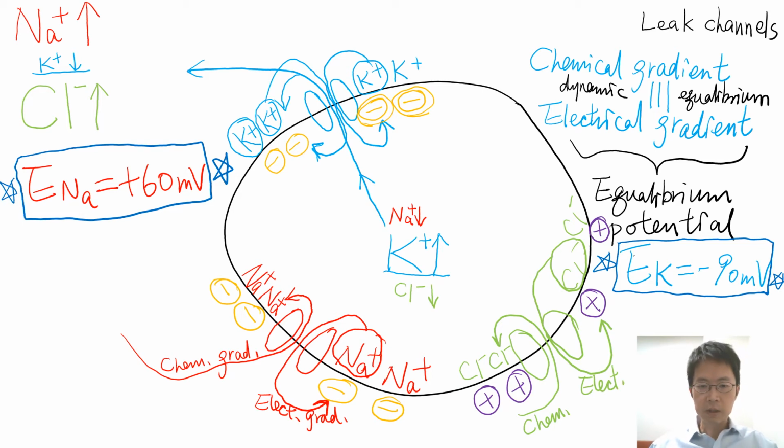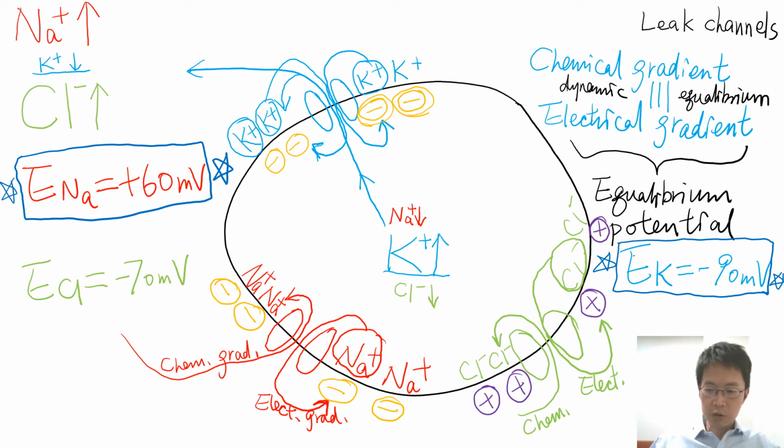Okay, now when the chemical gradient of the chloride ion is at the dynamic equilibrium with the electrical gradient, we will have the ECl. The equilibrium potential of chloride is approximately minus 70 millivolt.